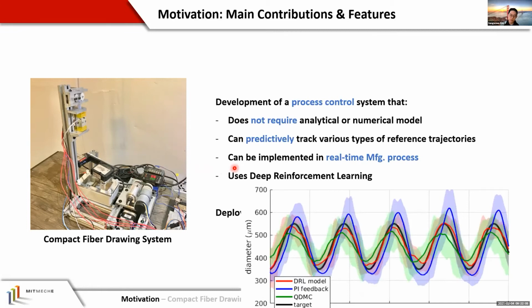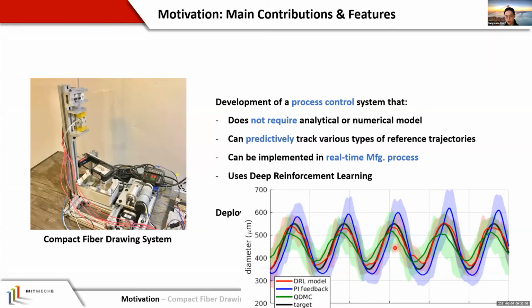Just to tease some results, our proposed method outperformed PID and MPC in terms of tracking performance. The figure on the right bottom shows one of the example results. So our controller, the DRL model, the PI feedback, and the QDMC, which is a type of MPC, are used to track this sinusoidal reference trajectory.